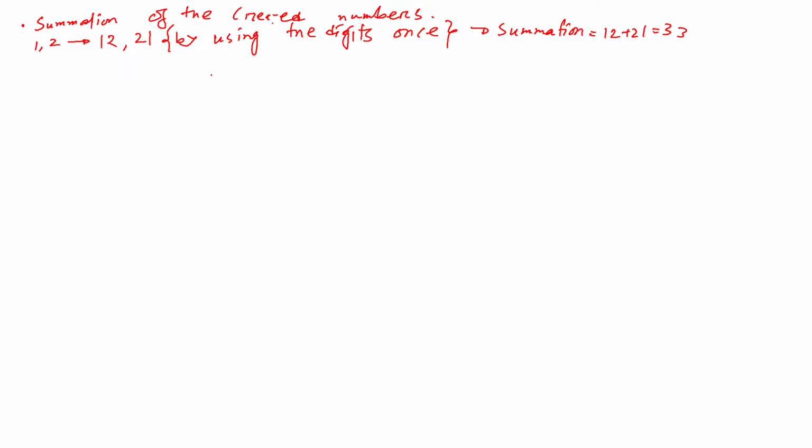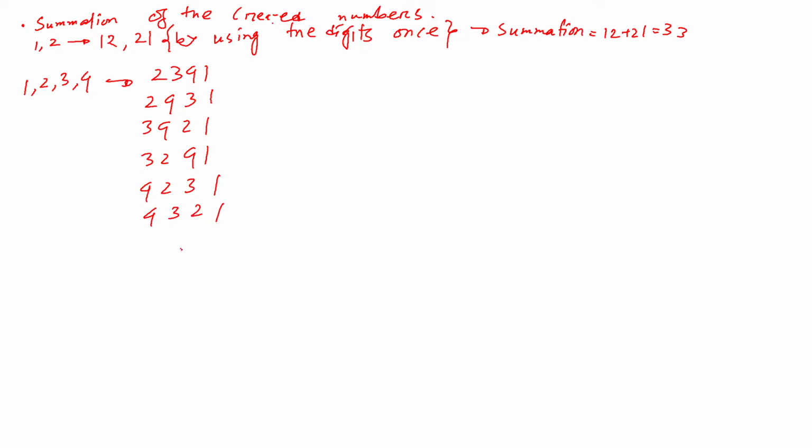So first of all, let's say we have 4 digits, 1 2 3 4, and the numbers that could be created are 2 3 4 1, 2 4 3 1, 3 4 2 1, 3 2 4 1, then 4 2 3 1, then 4 3 2 1, and like this there would be various.